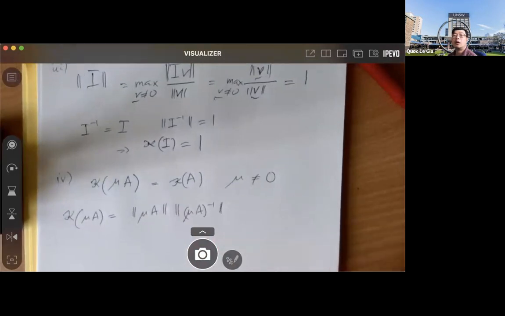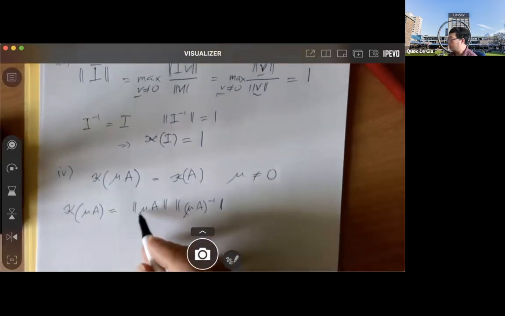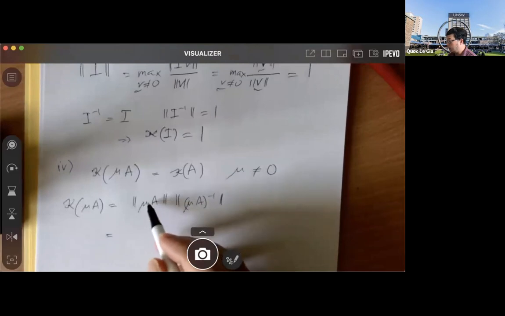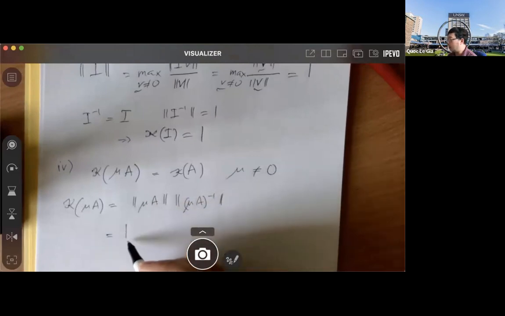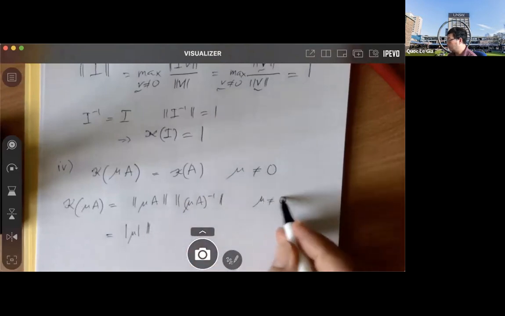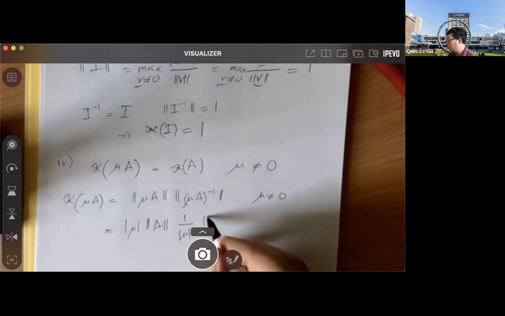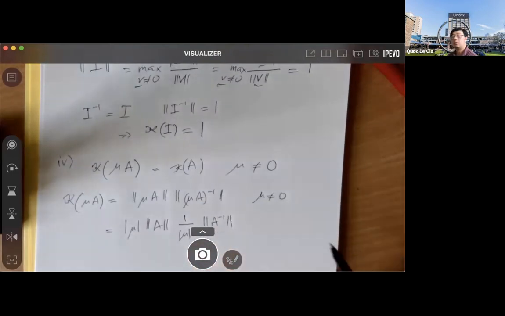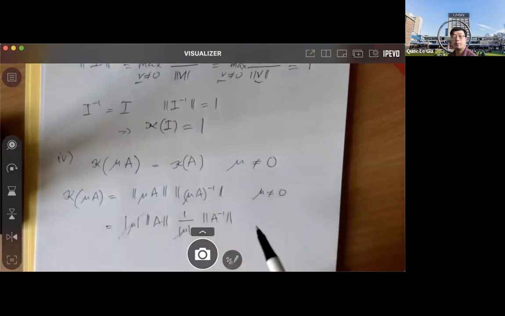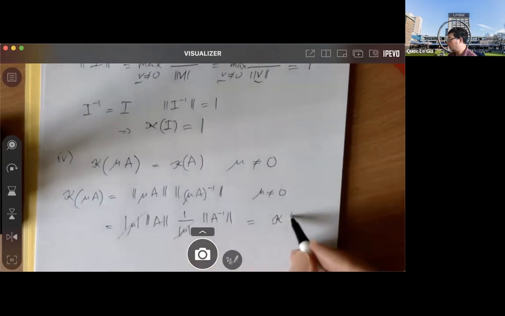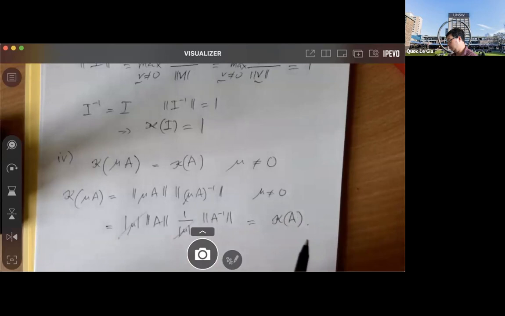And we know that because the norm of a matrix is a norm, it satisfies the property that if you multiply by a scalar, you can take out the scalar, or rather the absolute value. Then you get the norm of A here, and this one you take out 1 over mu, and this one is just A inverse. So mu here cancels with 1 over mu, and you get the norm of A times the norm of A inverse. So then you just get the condition number of A again.